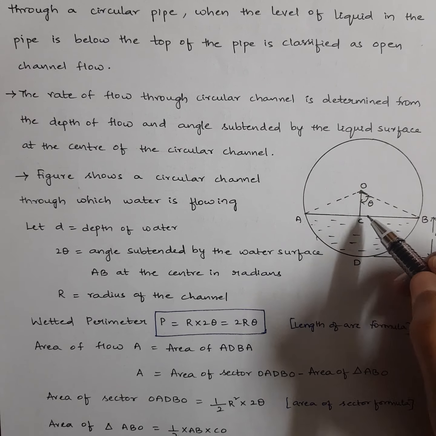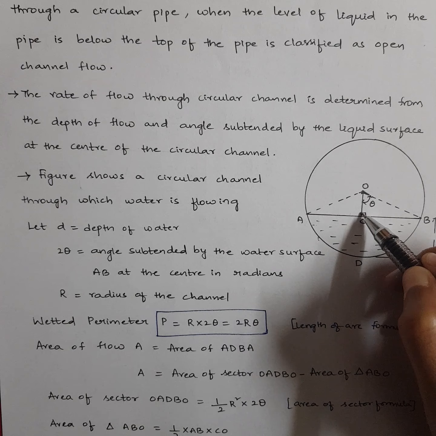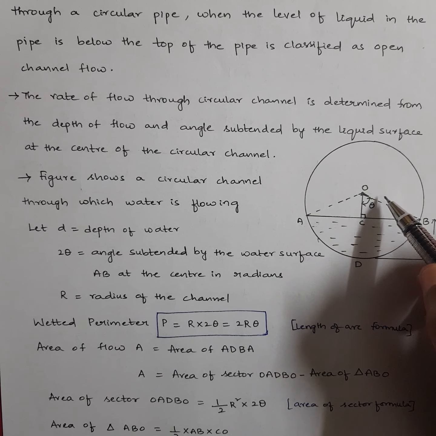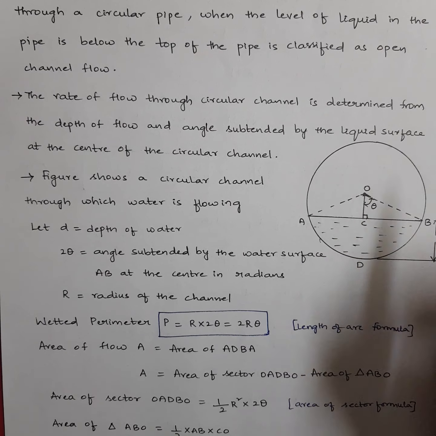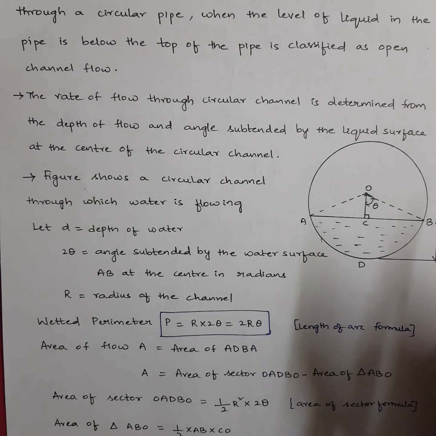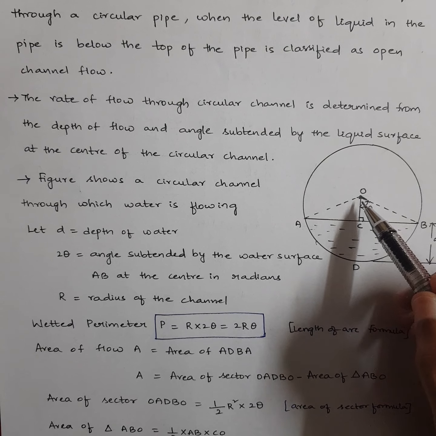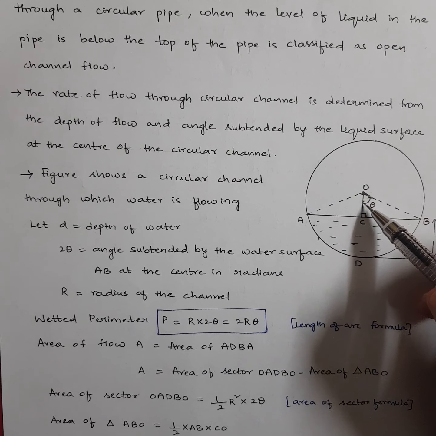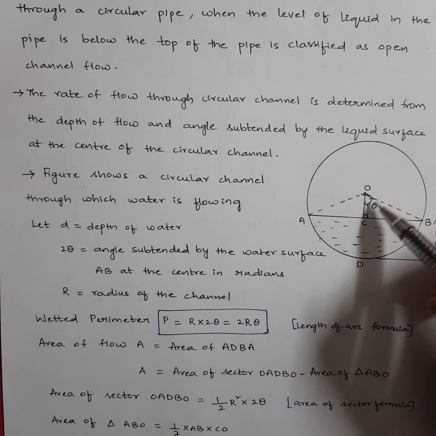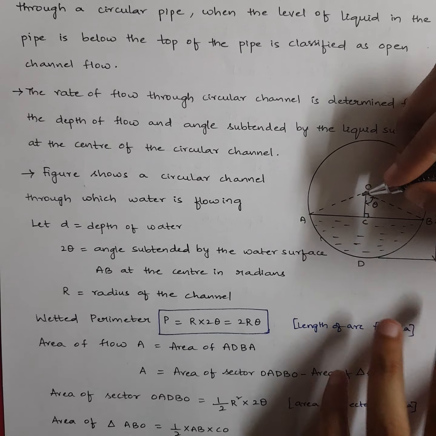Now this is 90 degrees. The total angle is 2 theta, so each half angle will be theta. Remember, 2 theta is the total angle subtended by the water surface at the center. This is theta, and this is theta.